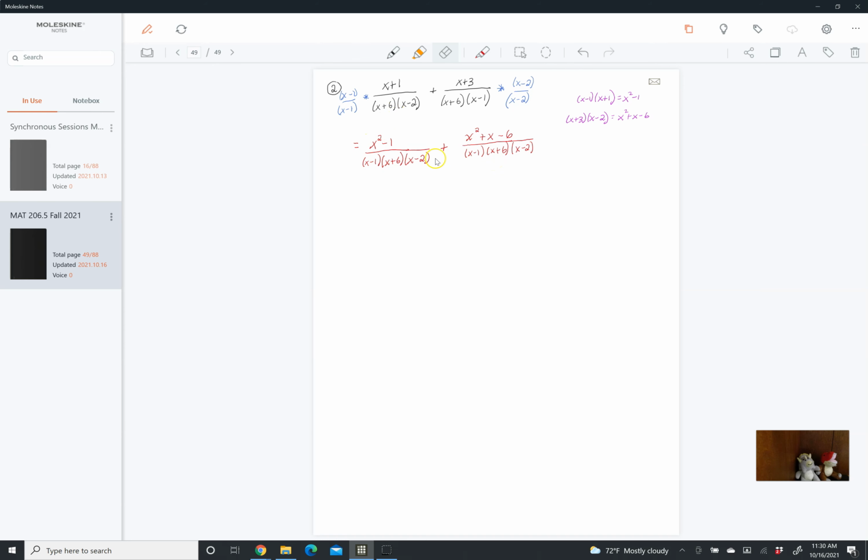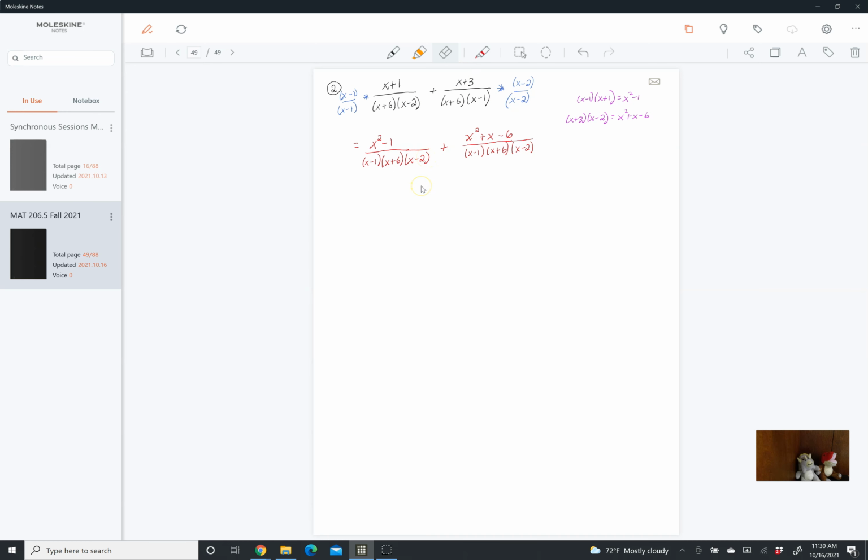The reason why I do it as 2 is so that it's very clear where I'm getting these things from. Where I got the x squared minus 1, I multiplied the numerators. Where we got the x squared plus x minus 6, I multiplied these 2 numerators. As opposed to just writing it as one fraction, I'm not going to see necessarily where I made a mistake if I did.